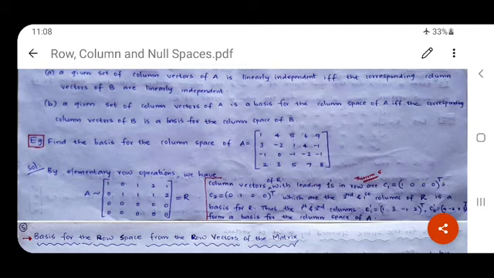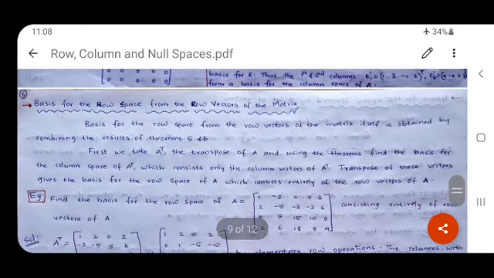So here is an example. Given a matrix A, we row reduced it, and we have already seen that the first column and second column form the column basis for the column space of R. So correspondingly the first and the second columns of A, 1, 3, minus 1, 2 and 4, minus 2, 0, form the basis for the column space of A. So we have obtained a basis from the columns of A itself, for the column space.